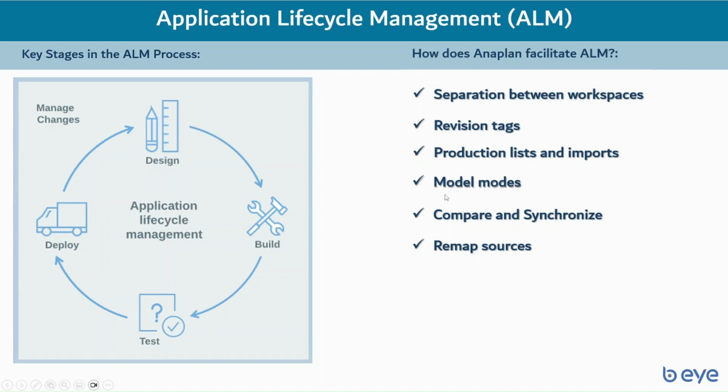Next, different model modes are in place to protect production models from unauthorized changes. We have standard mode for development models with all model building features available. We have also deployed mode for test and production models. In deployed mode, models are locked so that production users can only modify production data, not structural information.